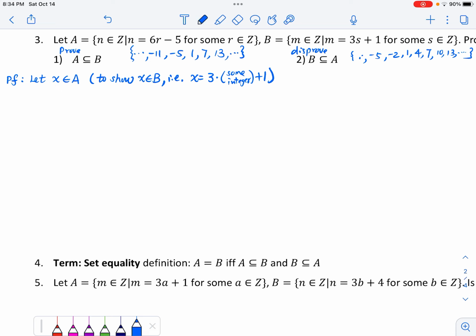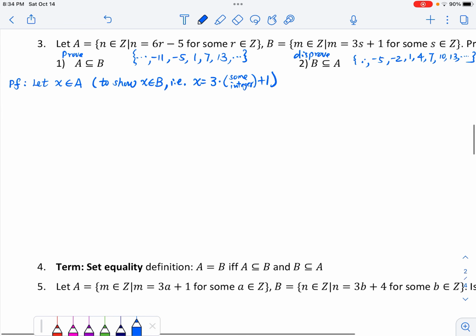Okay, so I'm going to begin with this: because x is in A, and what is A? This is the definition of A, so I'm going to say, by definition of A, x has to be equal to 6r minus 5 for some integer r.